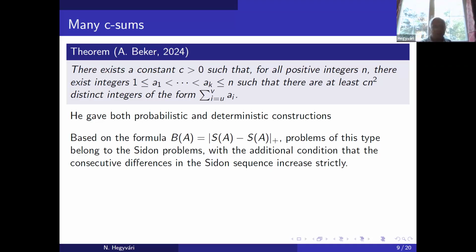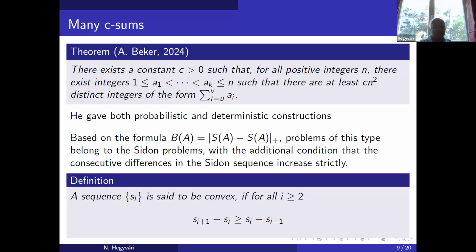Return back to the base formula, namely that the consecutive sums set is actually the difference set of the partial sum set, I mean the positive parts. These problems belong to the Sidon problems, and so the previous result is related as well.